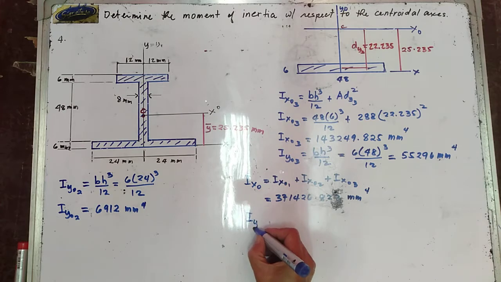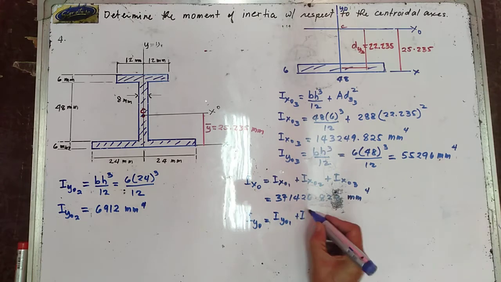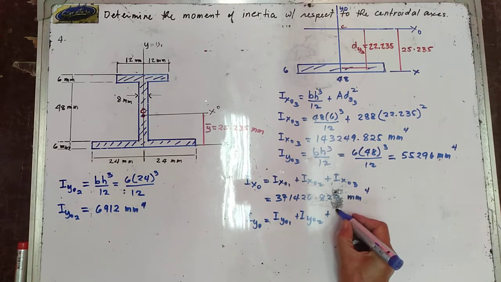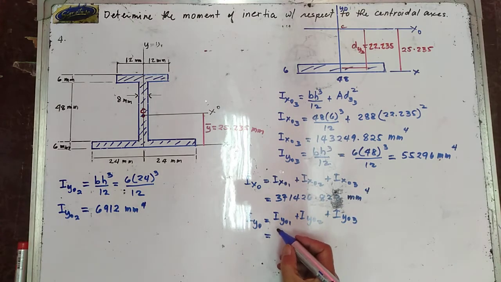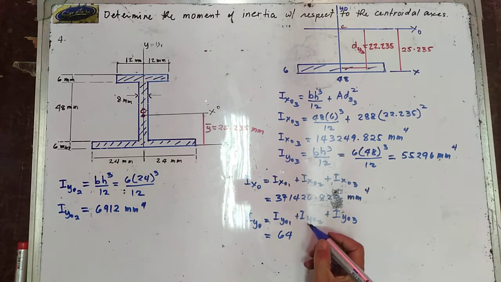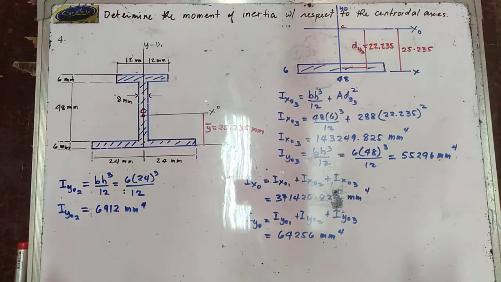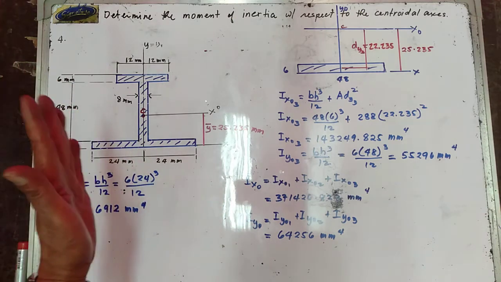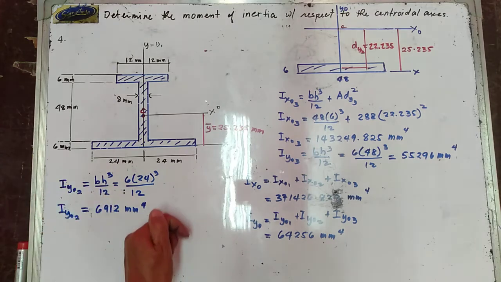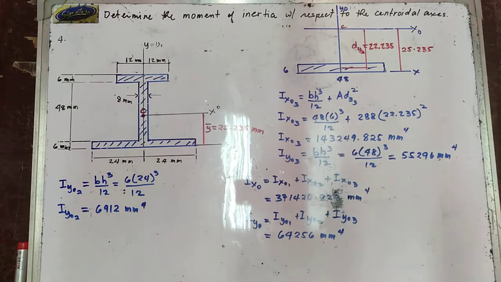And your Iyo is equal to Iyo1 plus Iyo2 plus Iyo3. And this is equal to 256 millimeter raised to the fourth. So we now have the moment of inertia about the centroid of this composite figure in the xo axis and in the yo axis.